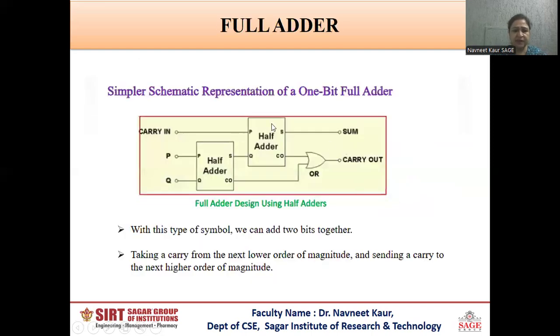So the sum bit of the first half adder is given to the input of the second half adder, and this is the sum of the whole full adder. The carry outputs of both the half adders are given to the OR gate and will generate the carry output of the whole full adder.